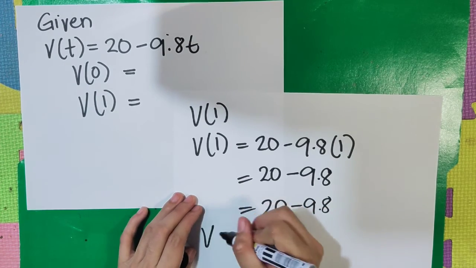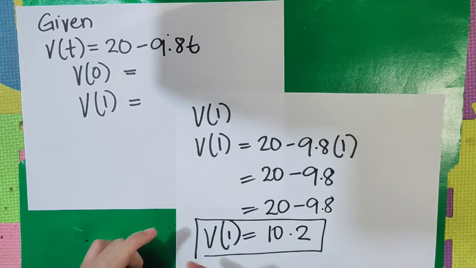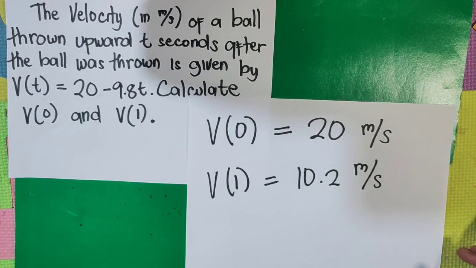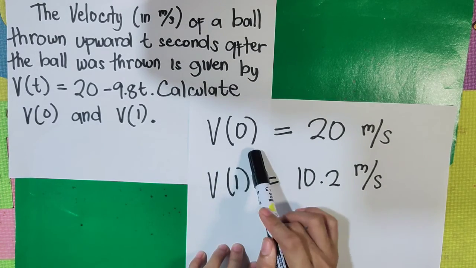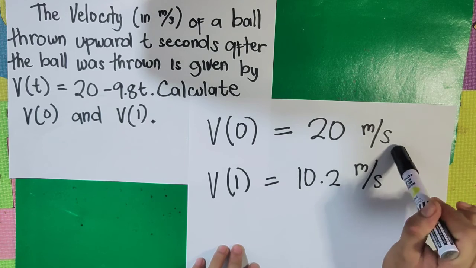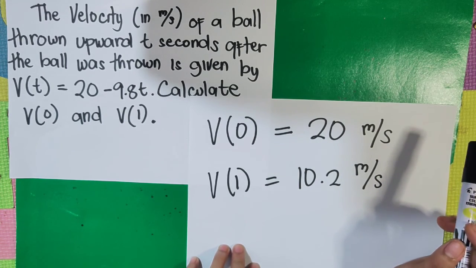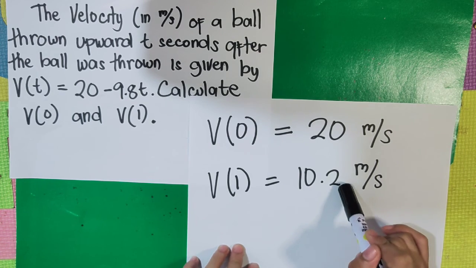So this should be the v of 1. Now this is the result. So v of 0 is equal to 20 meters per second, which is the initial velocity of the ball. After 1 second, the ball is traveling more slowly at 10.2 meters per second.